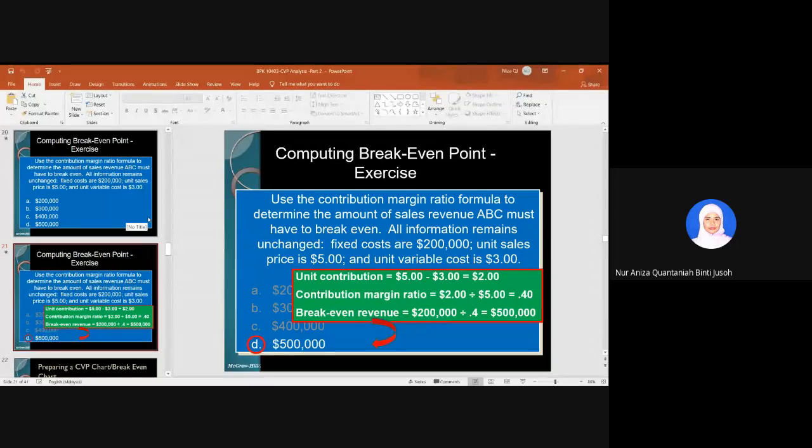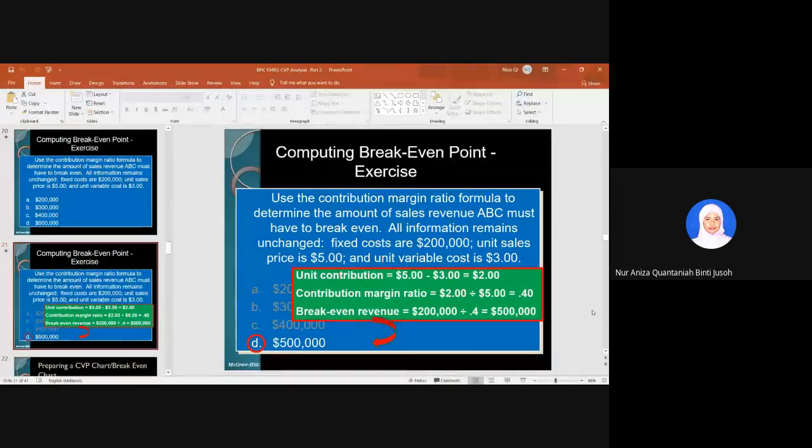Does the question ask on units or does the question ask on dollar amount? If units, you use fixed cost divide by contribution margin per unit. But if it asks you to find the sales amount, you will divide fixed cost with contribution margin ratio. Kalau guna mathematical equation, okay juga, tapi kena berhati-hati, takut tersilap. So better use this.